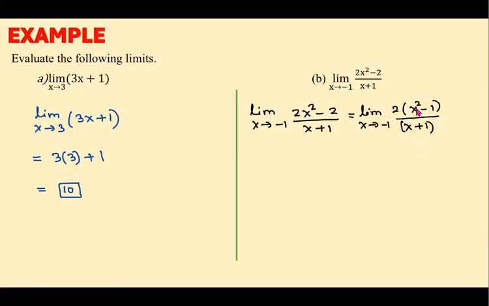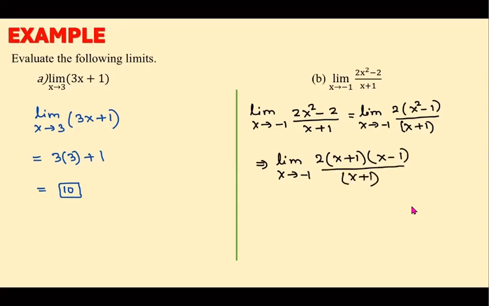But the quantity inside the parentheses in the numerator, x squared minus 1, can be factored using the difference of squares. So we can rewrite that as the limit as x approaches -1 of 2 times (x plus 1) times (x minus 1) over (x plus 1).